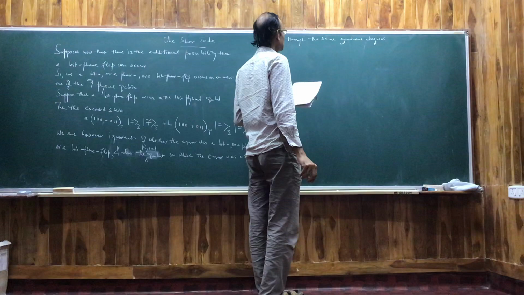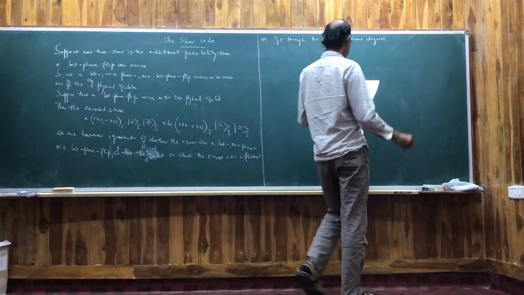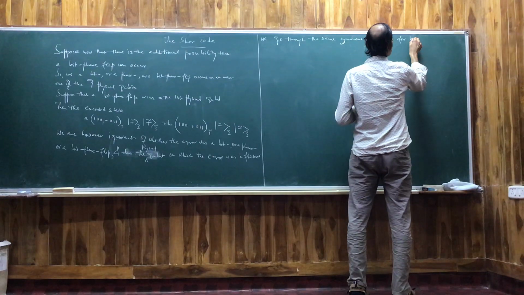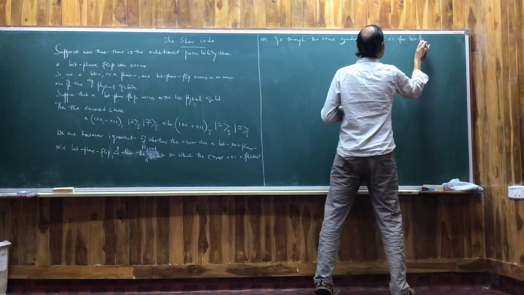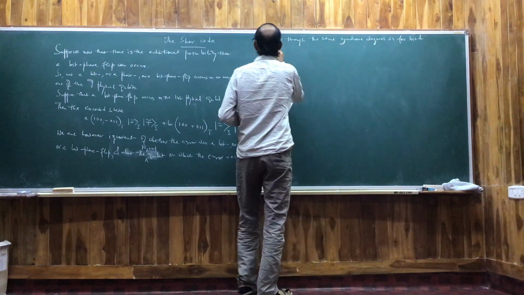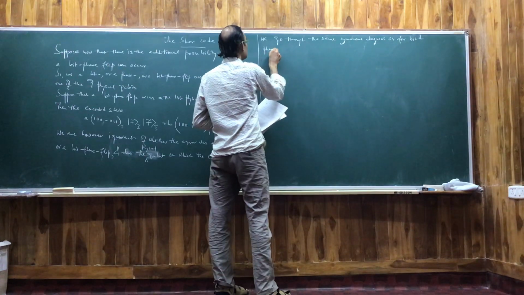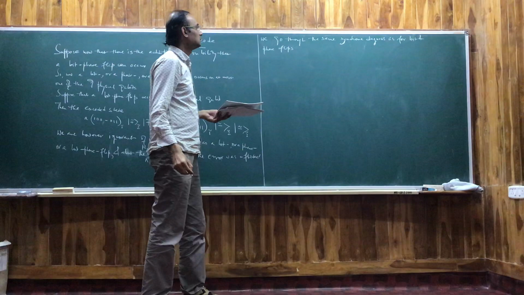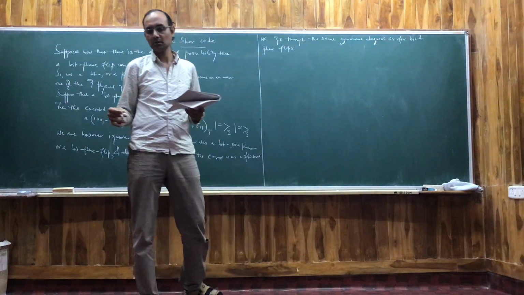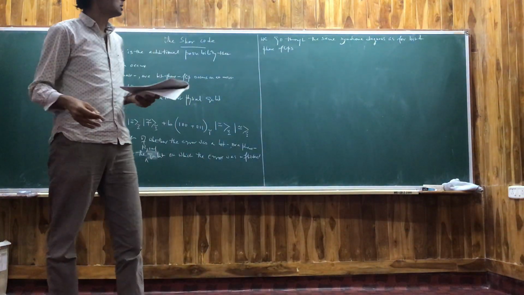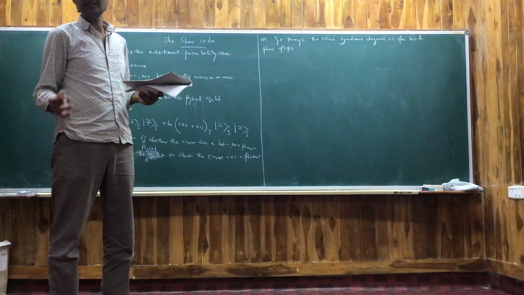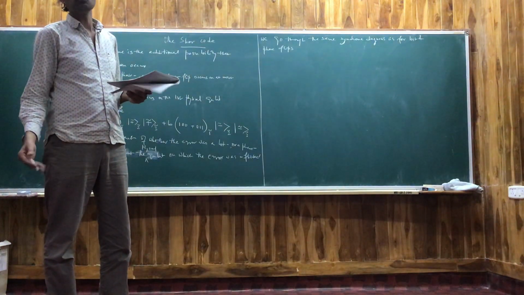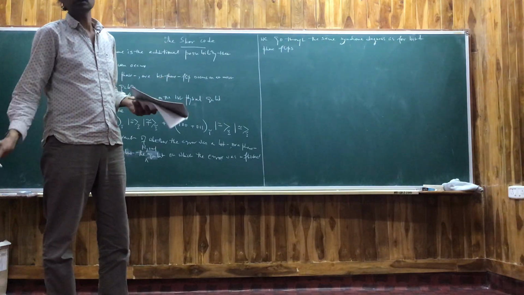Go through the same syndrome diagnosis as for bit and phase flips, meaning the case when the channel was such that either a bit flip or a phase flip would have occurred, may occur in one of the 9 physical qubits, or nothing happens anywhere.